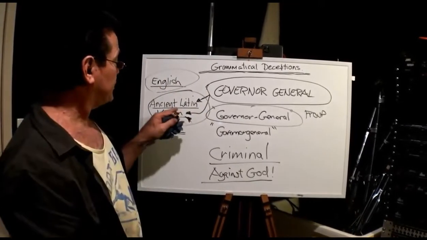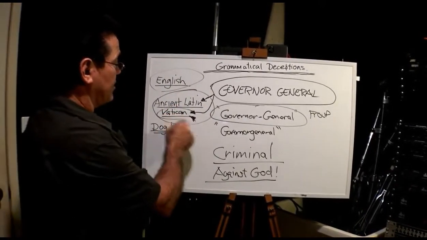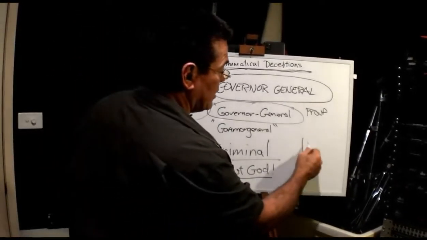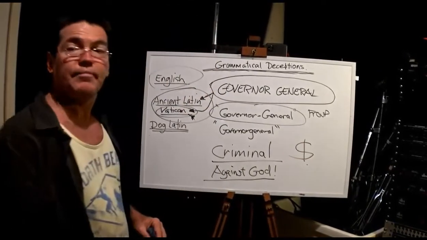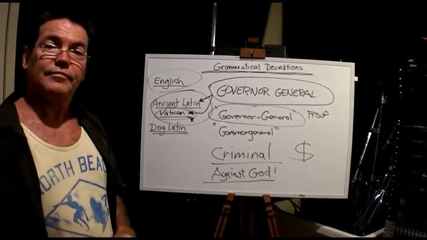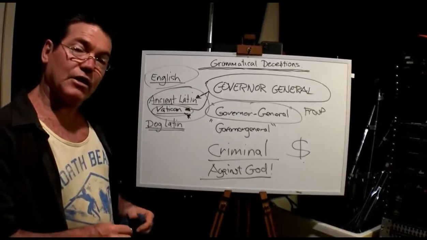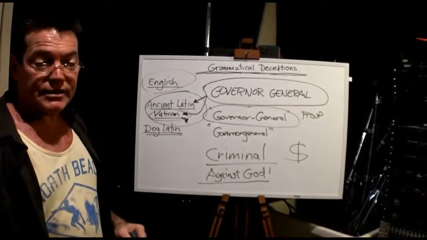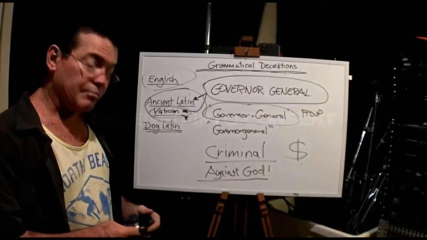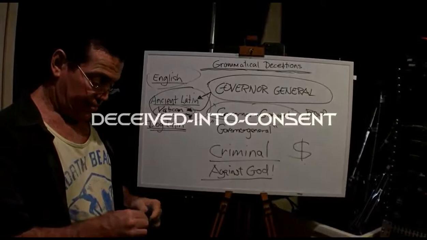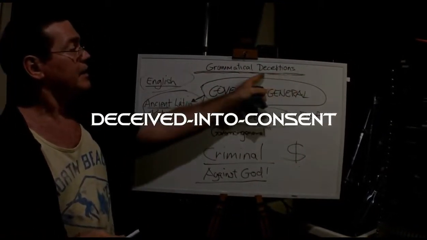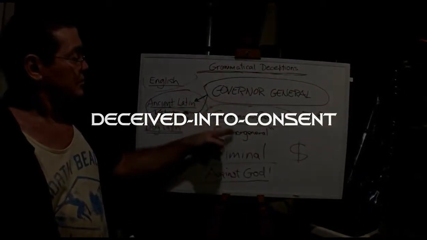It suits the Vatican, and it suits their corporations, and it also suits the one-stroke dollar. It's the biggest lie that's perpetrated. It is the biggest grammatical deception perpetrated against the people of Australia, the people of the world. And that's how they did it, through the grammatical deceptions of language.